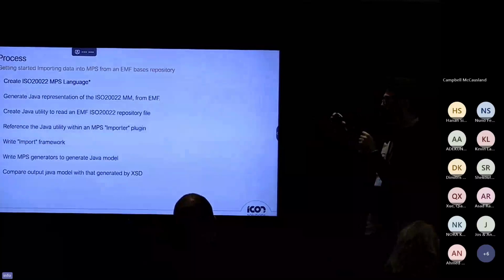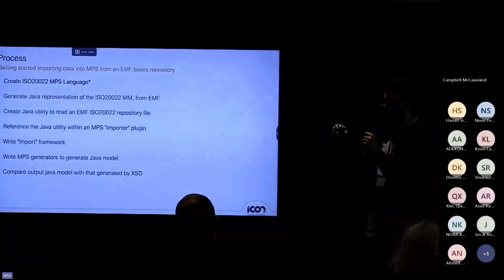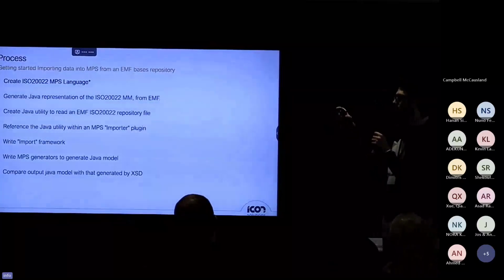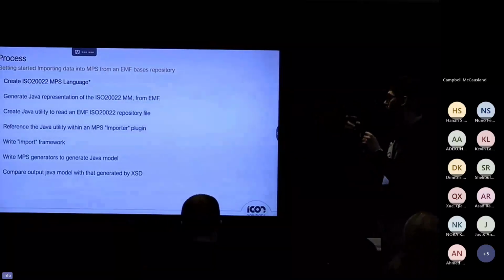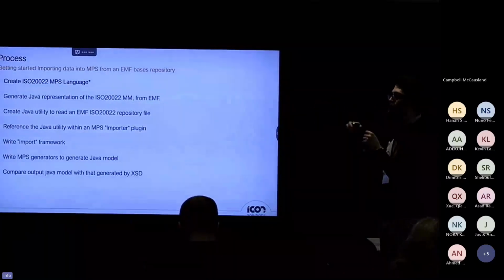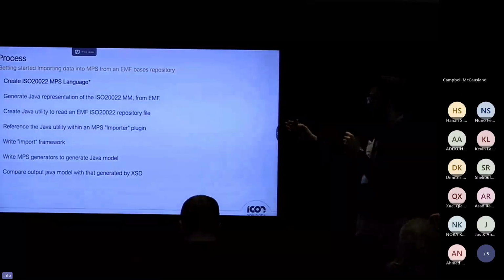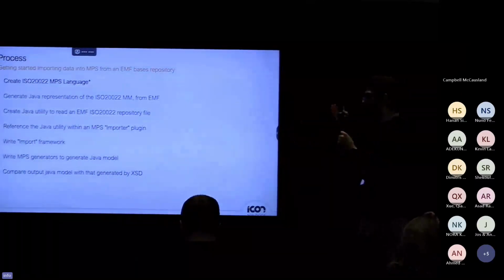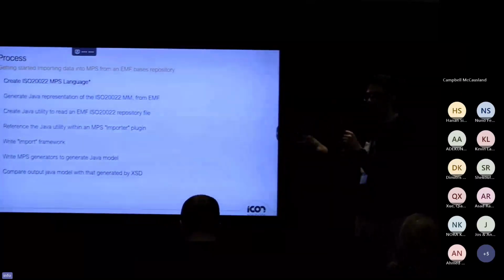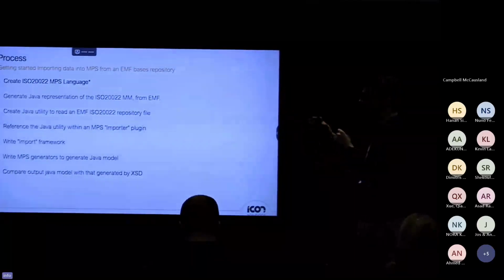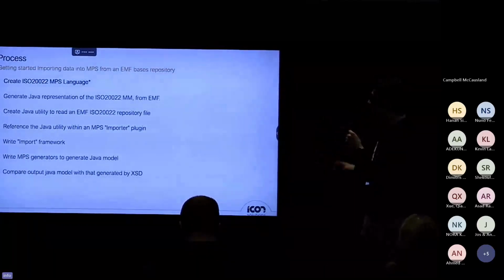So I think it automatically has the provision for inverse references. If you have a reference from one concept to another, the second concept will also have a link to be able to find all the things that reference it. MPS doesn't have that. So you find yourself importing the language and then having to go through and clean up some things which you don't need. But by and large, it works very well.